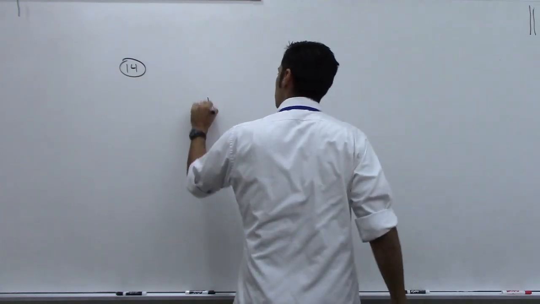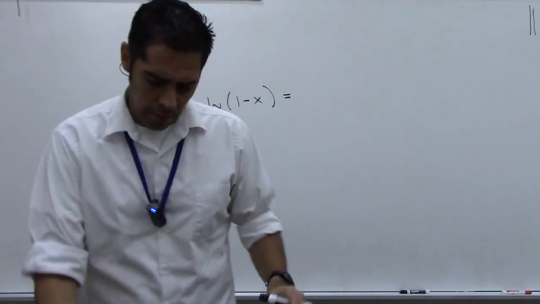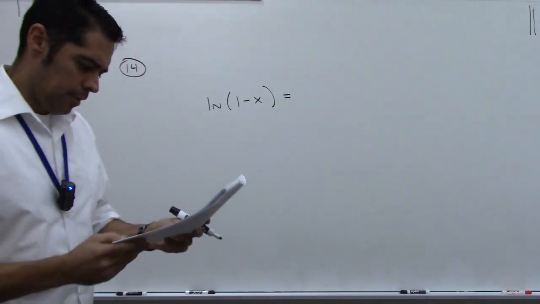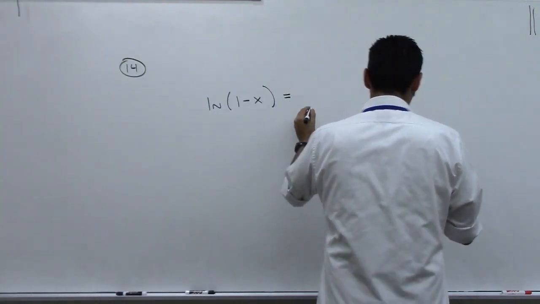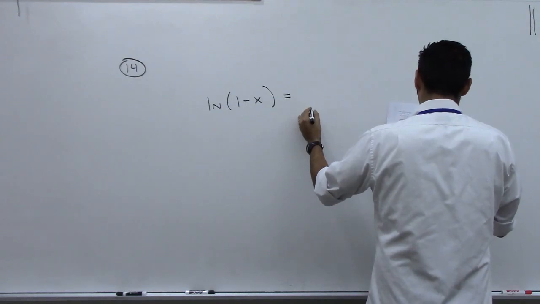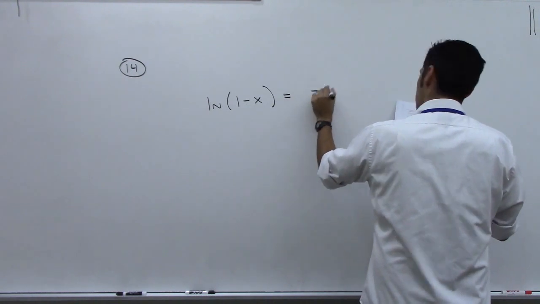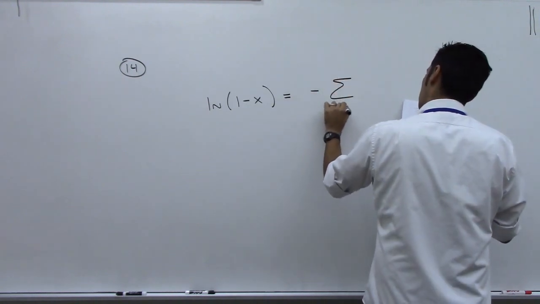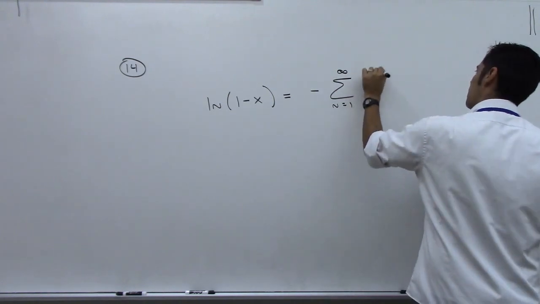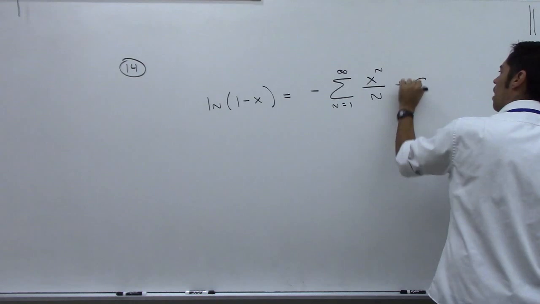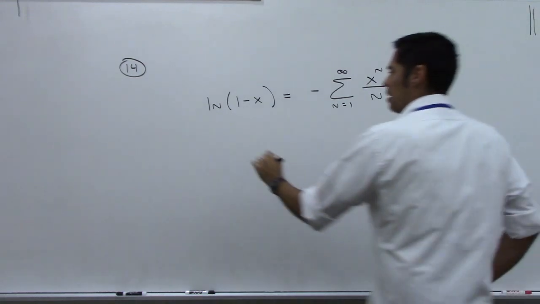Remember, we found that natural log of 1 minus x was equal to negative sum n equals 1 to infinity of x to the n over n, and then plus some constant. Let's try and figure out what that constant is. So what I'm going to do is I'm just going to let x be 0.